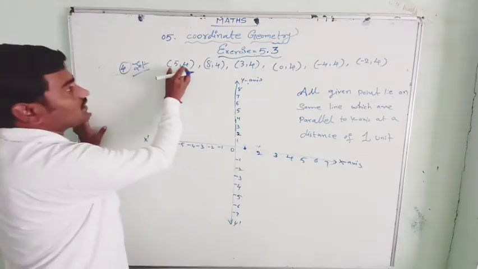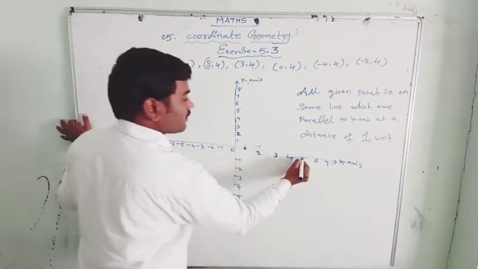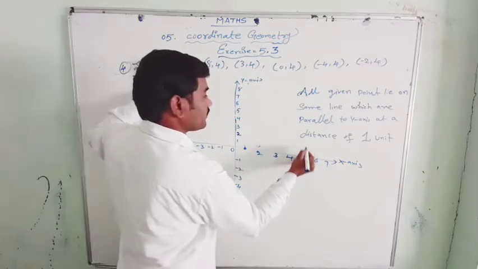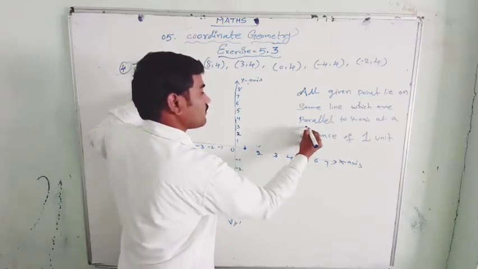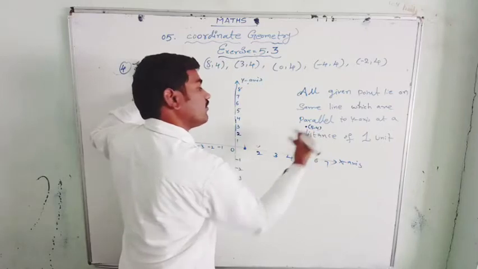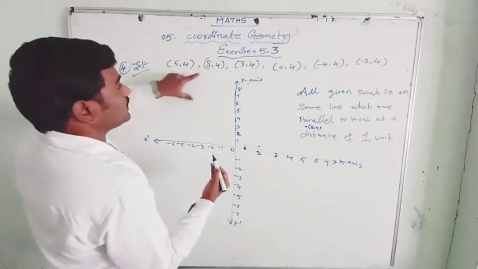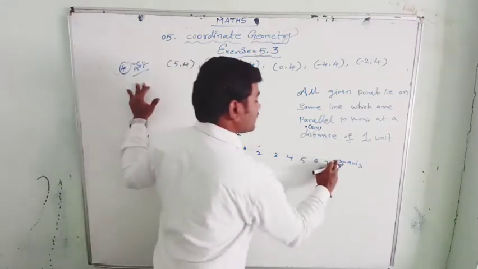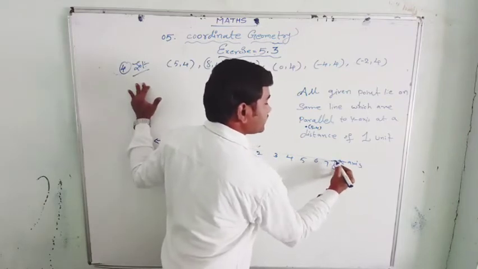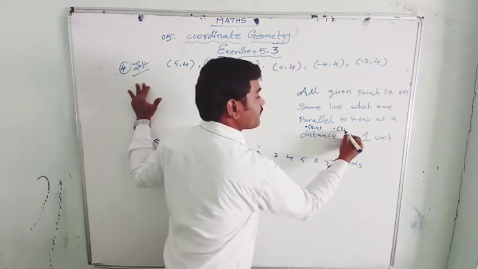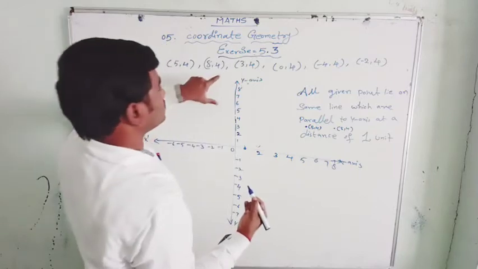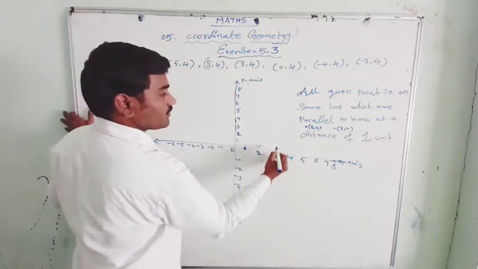So try to locate this. 5, 4. Here 5 and positive 4. Here this comes. Next 8, 4. Let me take here 8, 4. Next 3, 4.